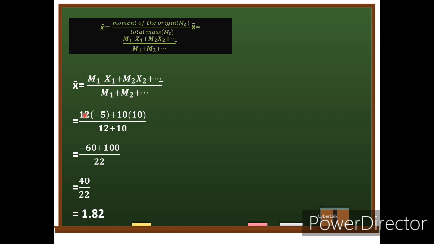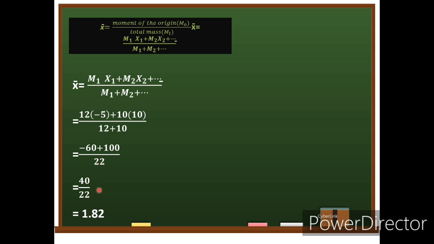Our m1 has a mass of 12 times distance negative 5, plus m2, which is 10 times distance 10, over 12 plus 10. So 12 times negative 5 is negative 60, plus 10 times 10 is 100, over 22, which is negative 60 plus 100, or 40, over 22.